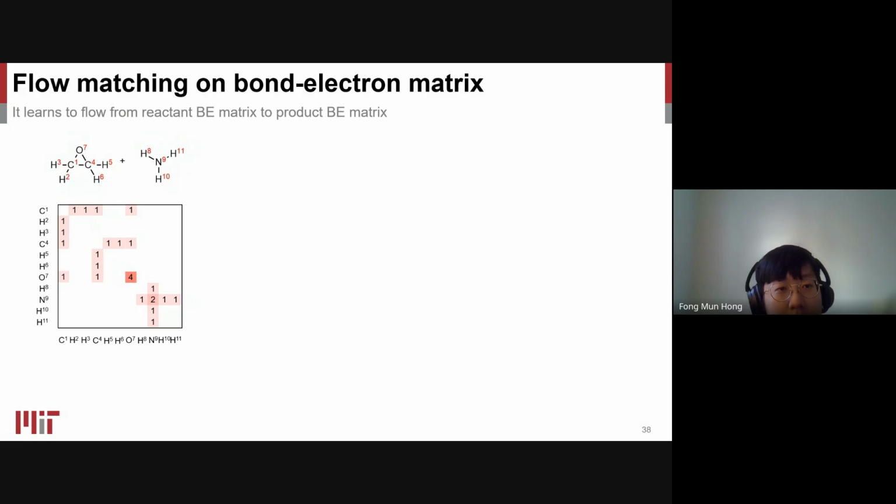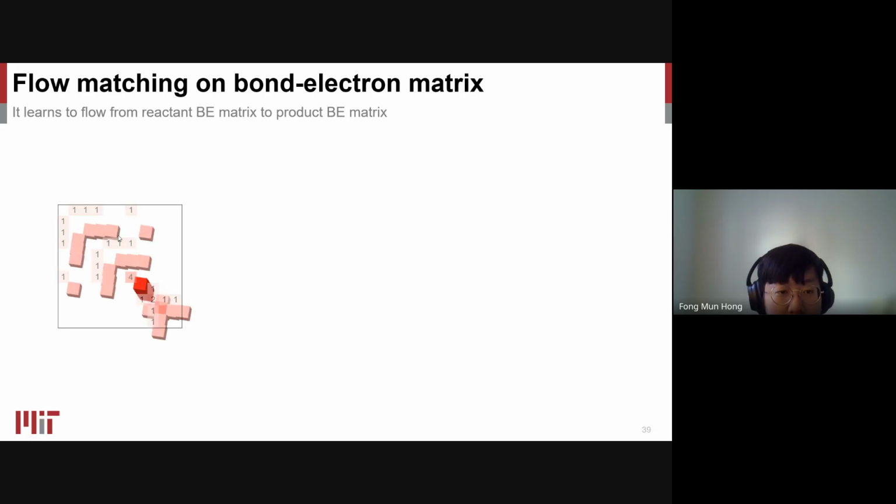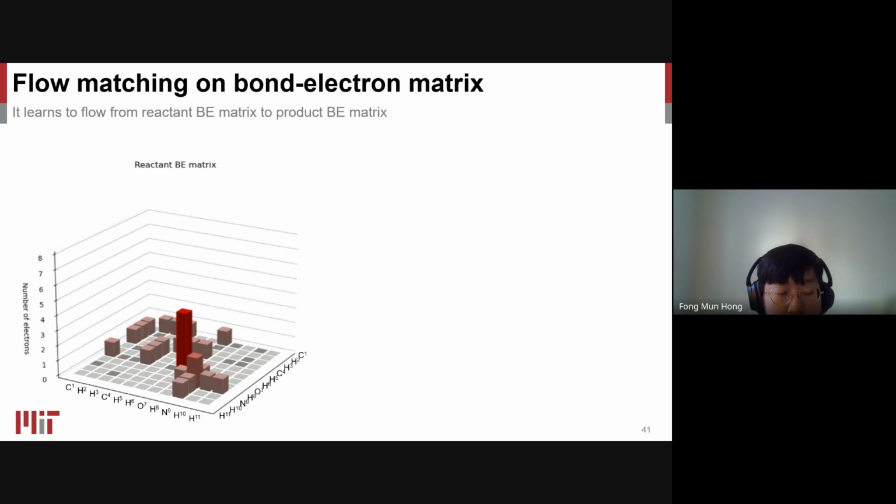Cool. All right. So this is a video walkthrough of the flow matching on the bond electron matrix. Imagine this is some reactants, and this is the matrix representation. You would project it into a 3D form, and then you would add noise.